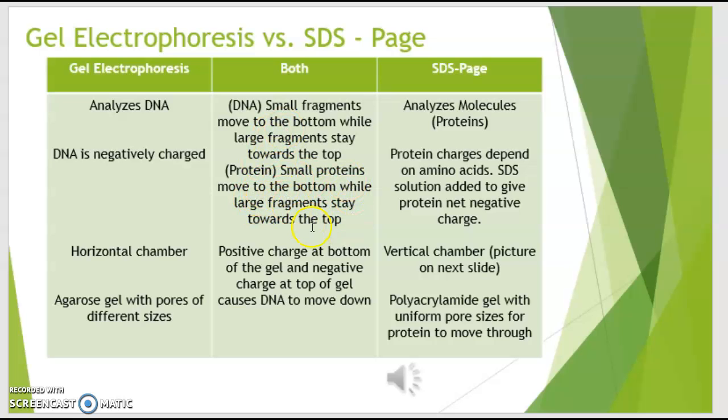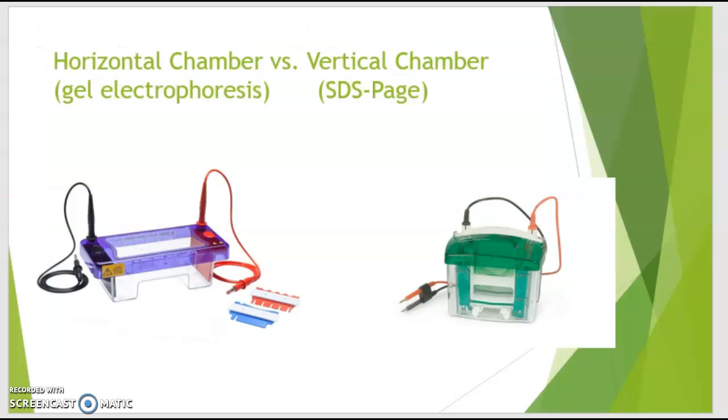So in general, on both of them, smaller DNA fragments or smaller protein sizes will move quicker down to the bottom of the gel. There is a positive charge at the bottom of the gel for both DNA and SDS-PAGE, because both DNA and protein are negatively charged, so they need that positive charge in order to go down to the bottom.